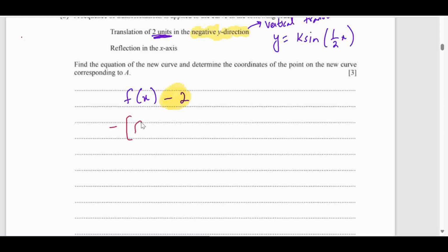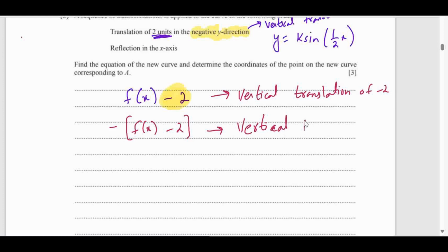We need to multiply with this thing. So this step shows the vertical translation, and then the graph is of -2.